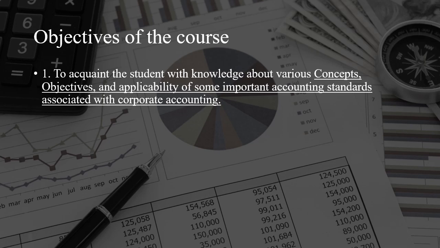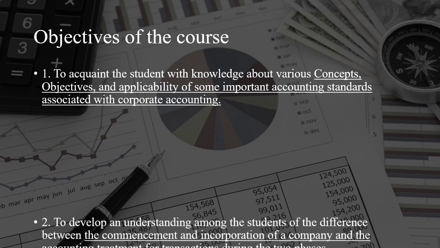Accounting Standard 10 deals with property, plant and equipment. Accounting Standard 14 deals with accounting for amalgamation, and Accounting Standard 21 deals with consolidated financial statements. So we'll understand the concept, objectives and applicability of these accounting standards.